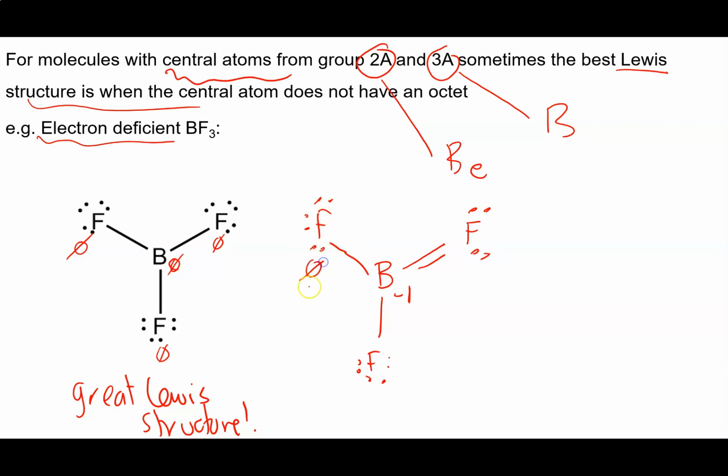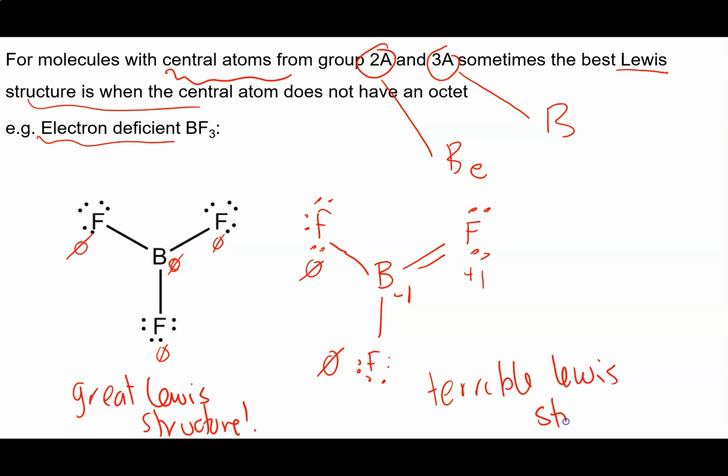So they would have a formal charge of 0. And then this fluorine over here is different, so we have to work out its formal charge. 7 minus 1, 2, 3, 4, 5, 6 gives me plus 1. Now this is very wrong because fluorine is the most electronegative element on the periodic table, so it should always have the most negative formal charge, and it doesn't, the boron does. So this is a terrible Lewis structure.